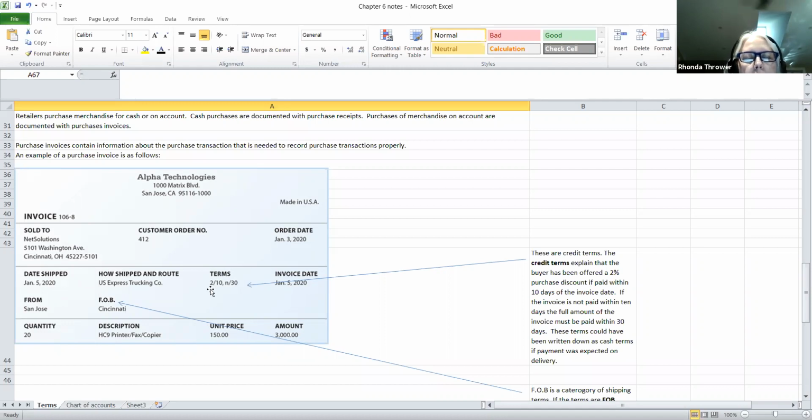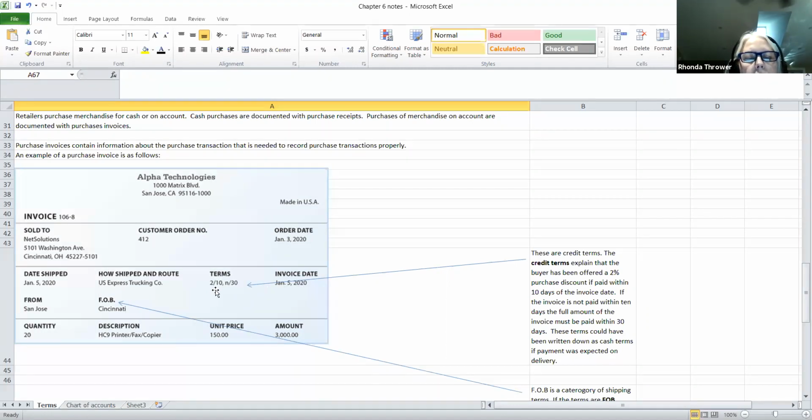So 2 stands for percent. 2%/10 days is what the purchase discount amount would amount to. So in other words, if Net Solutions pays within 10 days of the invoice date, they can take a 2% discount off of their purchase.